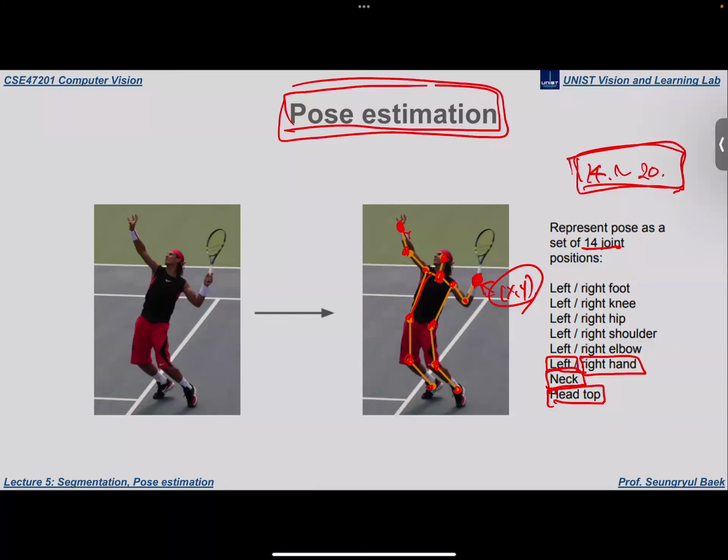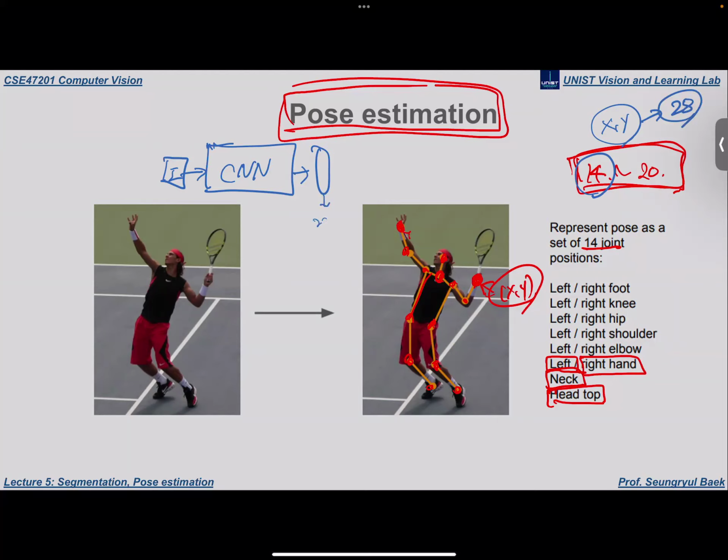Basically, we will involve some CNN-based deep learning architecture, an image is input, and the output is some floating values. If there are 14 joints, then we have to estimate their XY values, so there will be 28 floating values.